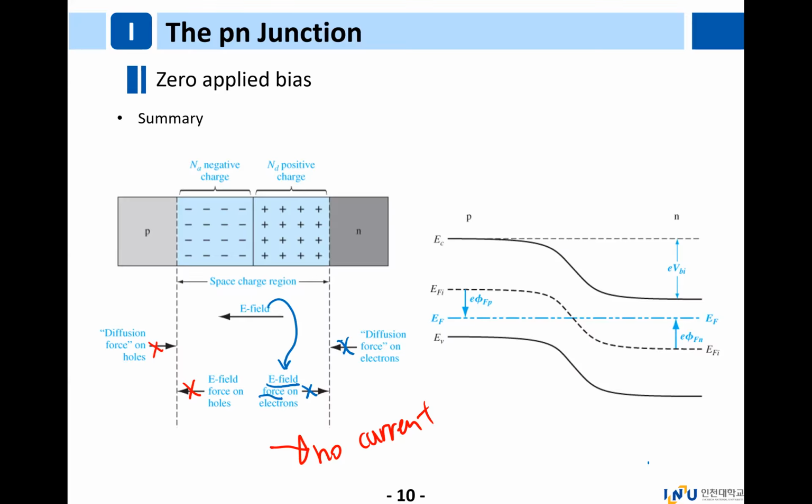Alternatively, you can understand that when a PN junction is formed, the built-in potential acts as an energy barrier, so the electrons here find it challenging to overcome, preventing the flow of current. So this is what we've learned so far.